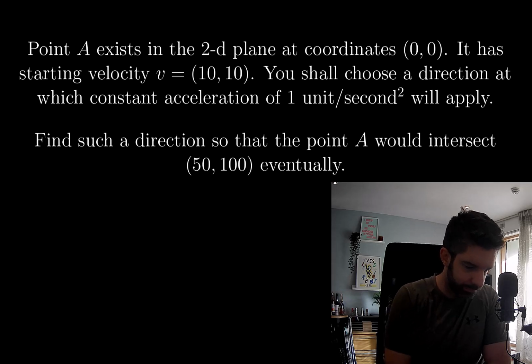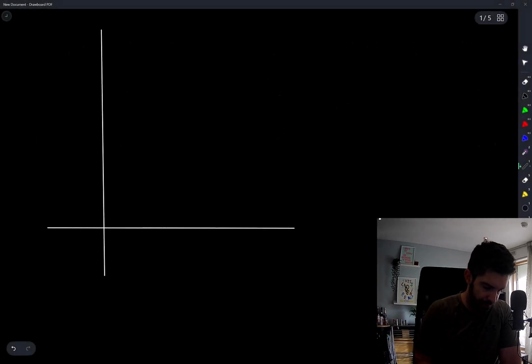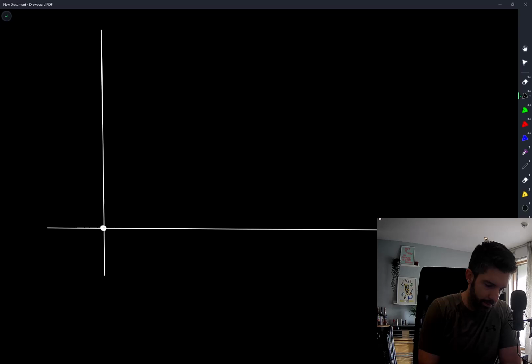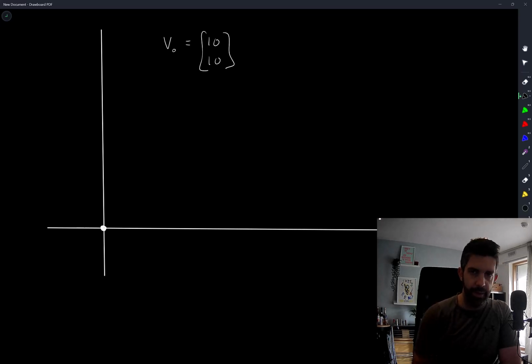Okay. Let me draw a coordinate system like this. So we have the initial point there. V0 is equal to 10, 10. And the acceleration, I'll even put it as vectors like that.